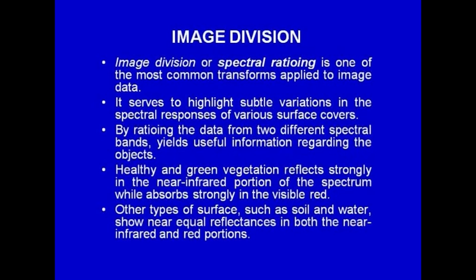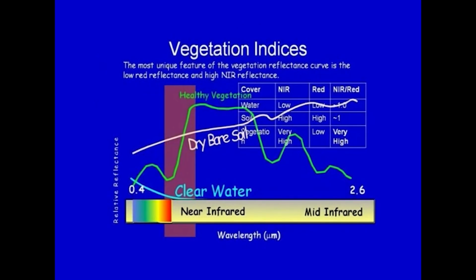In this particular slide, the basic concept of the different broad categories of land use or land cover is shown, and what we can see is that when we look at water in the near infrared region, it has a very low response, while in the red band again it has a low response, and thereby when we undertake the process of division, the value is close to 1.